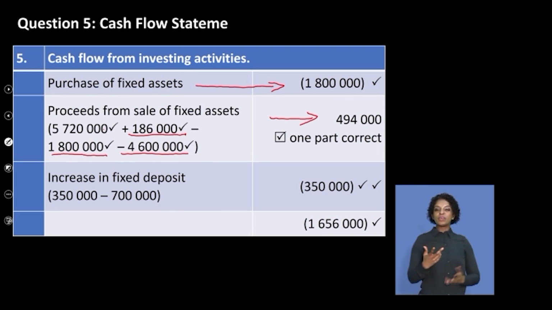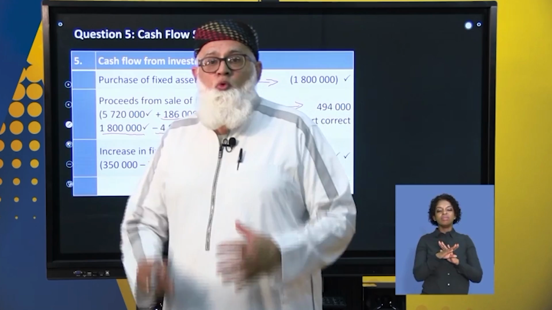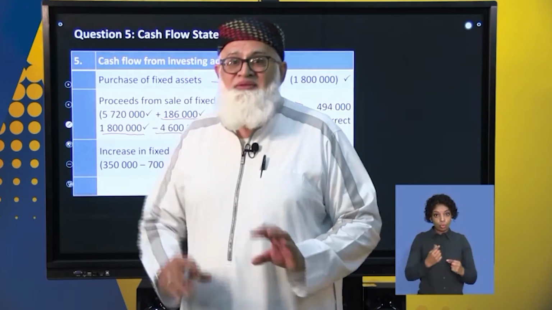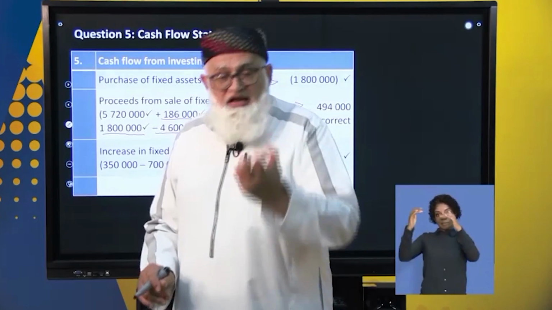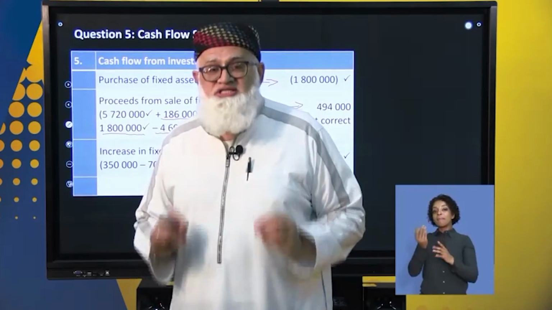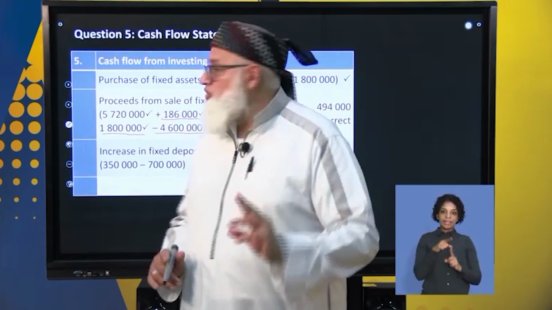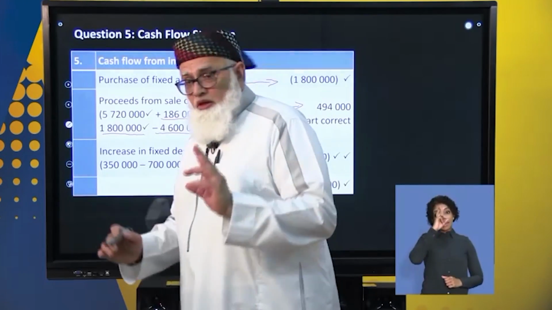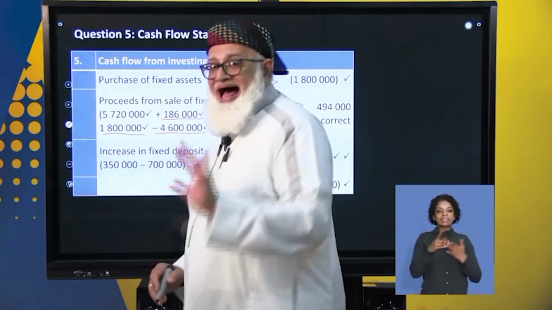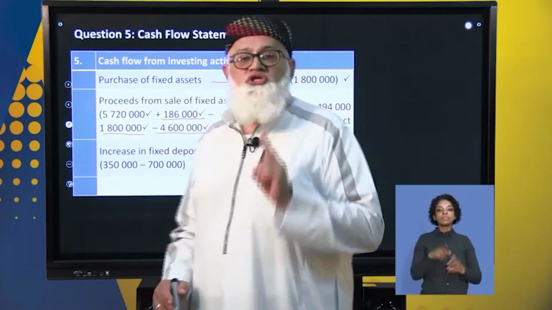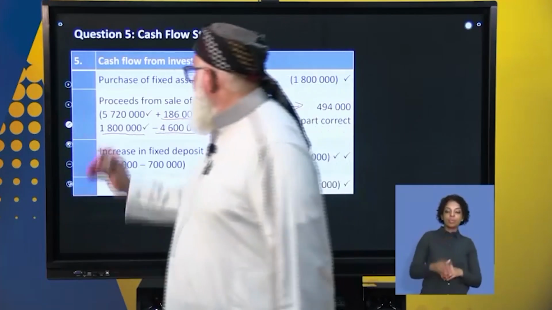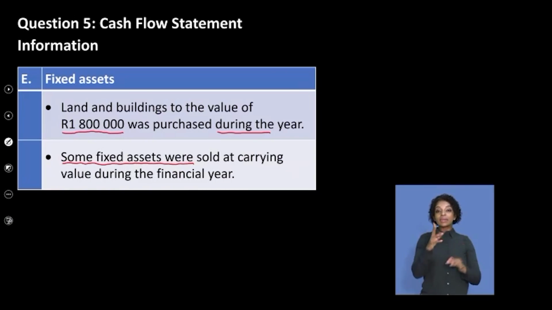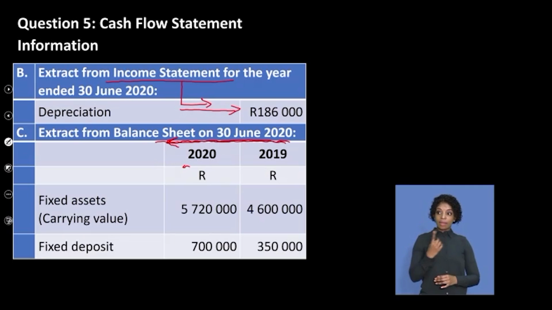So, although the purchase is an outflow of cash, and yes, people, when you are doing the cash flow statement, an outflow of cash is bracketed, and an inflow of cash is a positive figure, right? And also, remember, when you're doing the cash flow statement, other than the fixed assets, you also have to look at your fixed deposit, right? Now, let's go and see what information do we have regarding the fixed deposit.